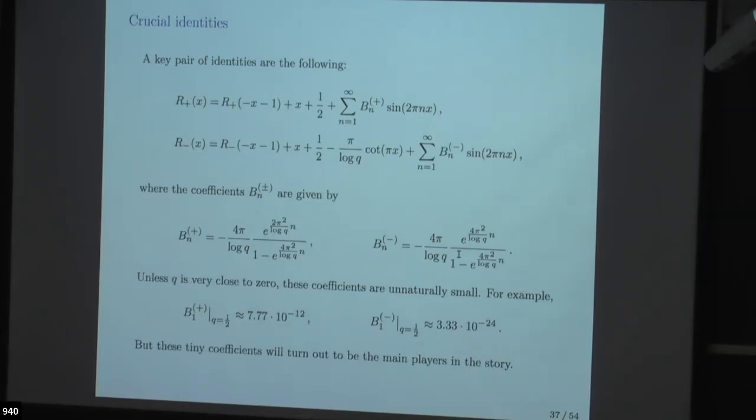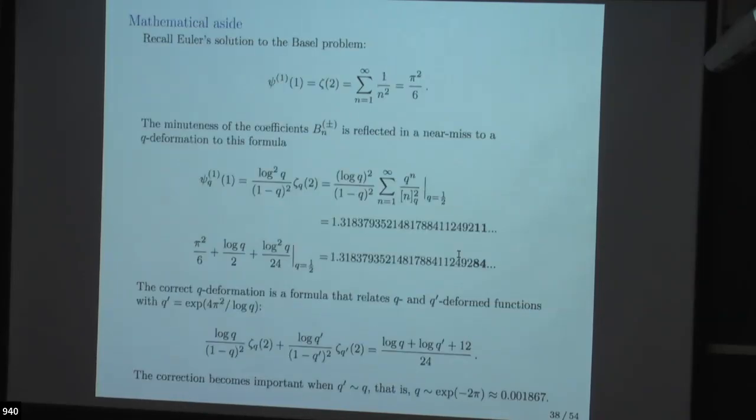And again, I couldn't resist putting in a single mathematical aside, in terms of these tiny coefficients, which are actually going to be the key players in the story. It turns out that this pi squared over 6, I'm sure you all recognize, is the famous solution to the Basel problem, the problem of determining the sum over the squares of the natural numbers.